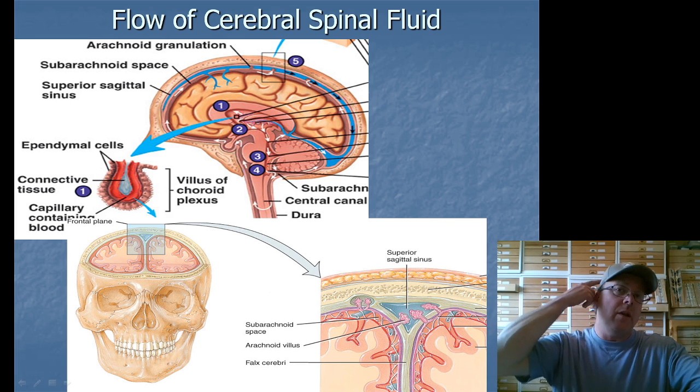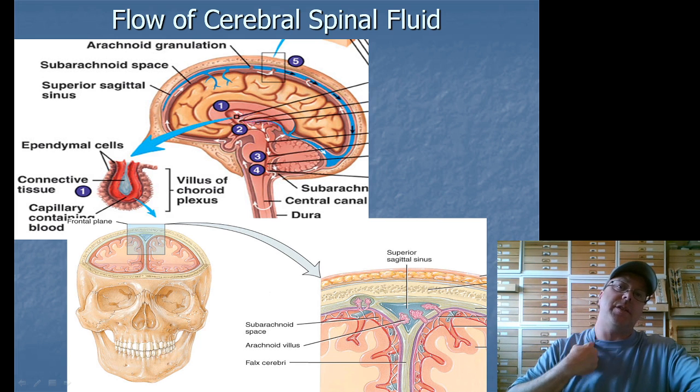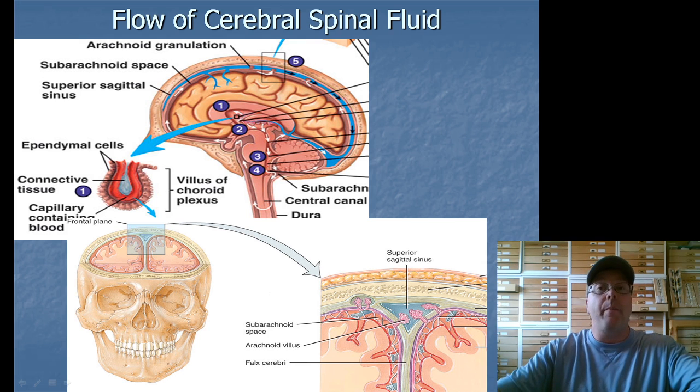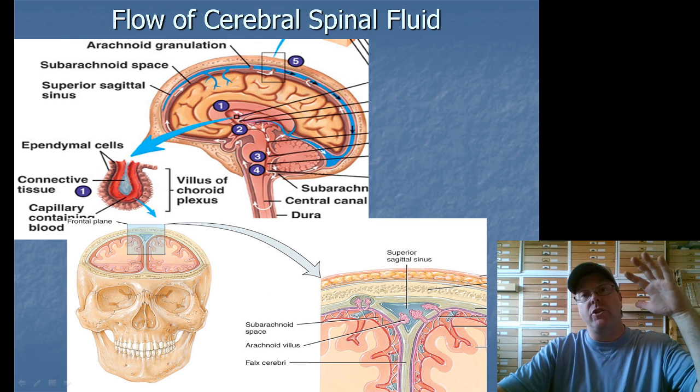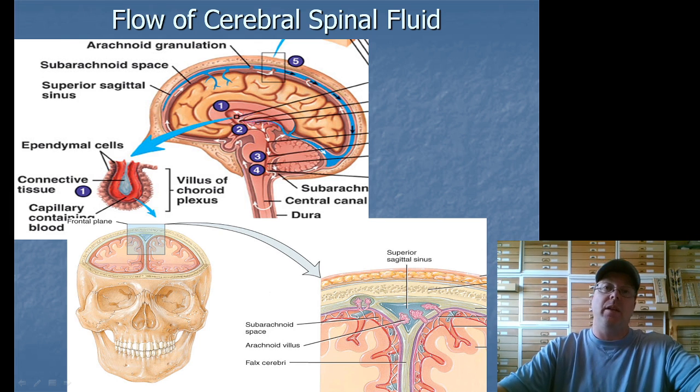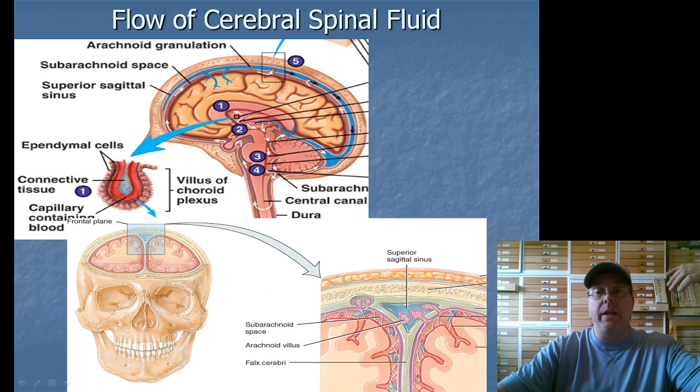And what they do is they run it down underneath the skin into her stomach, and it would drain into her digestive system. So she had cerebral spinal fluid constantly draining into her stomach as her choroid plexuses were making it. So she could still have this balance between how much cerebral spinal fluid she makes and then how much she needs to reabsorb or drain out. So hydrocephaly is a pretty potentially life-threatening problem.